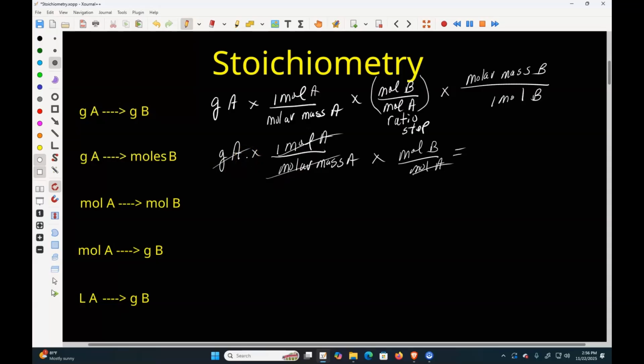The next example, moles of A to moles of B. Moles of A, I multiply it times the ratio step.